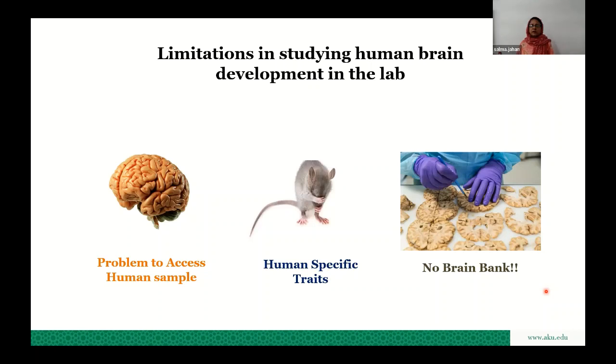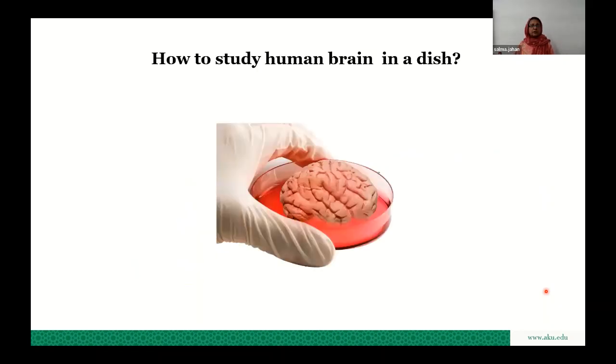It does not actually give the neurological information, because it's the end stage of the disease. So these limitations do not allow us to go further with them. So what's the solution? We still have this question: how to study the human brain in the dish?